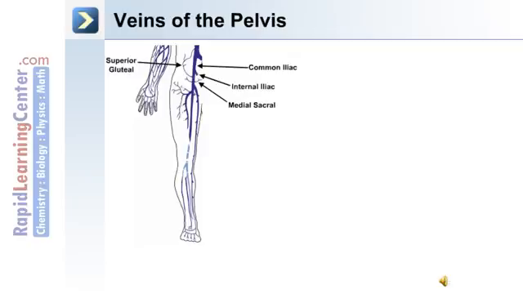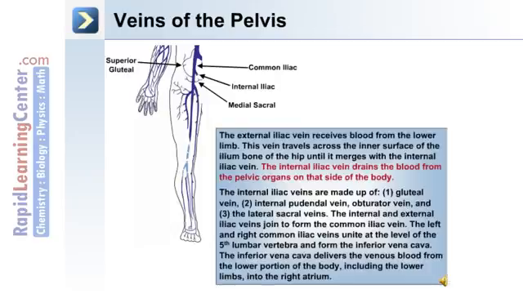The veins of the pelvis. The veins of the pelvis include the medial sacral, internal iliac, and common iliac, as well as the superior gluteal vein. The external iliac vein receives blood from the lower limb. This vein travels across the inner surface of the ilium bone of the hip until it merges with the internal iliac vein.